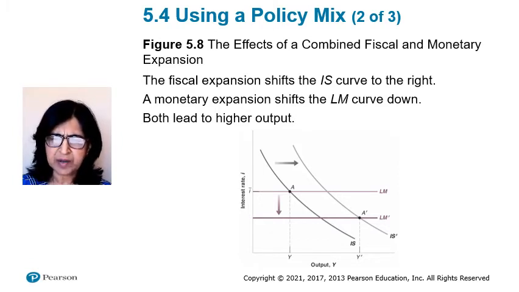Why should both policies be used if each one alone can be used to fight a recession? In the case of fiscal policy, high debt may prevent the government from increasing spending or reducing taxes as much as they would need to. Similarly, the liquidity trap or zero lower bound limits monetary policy.